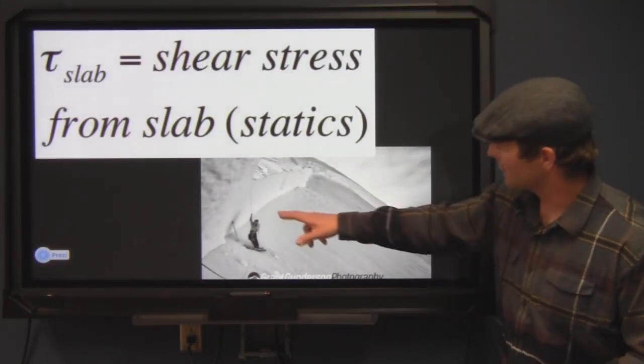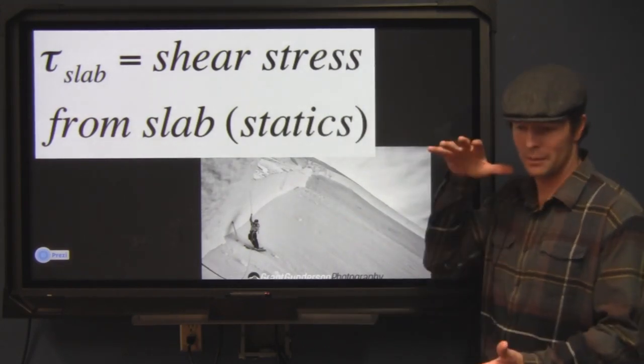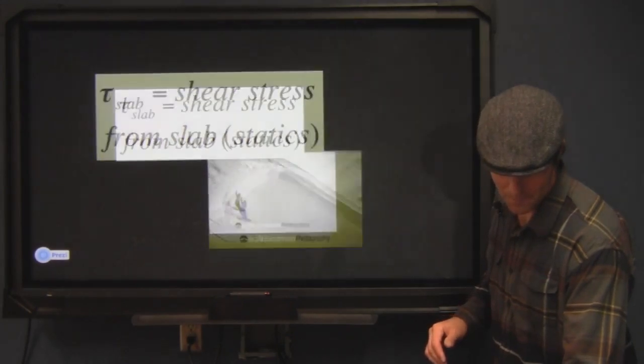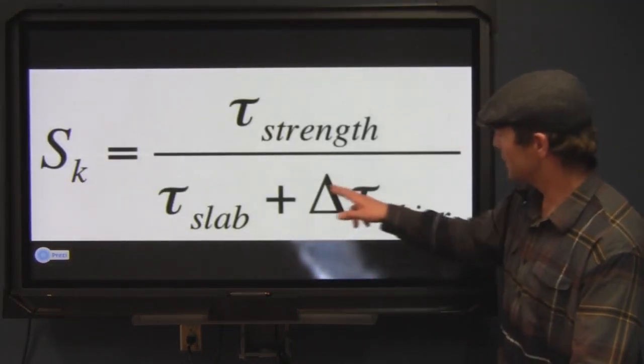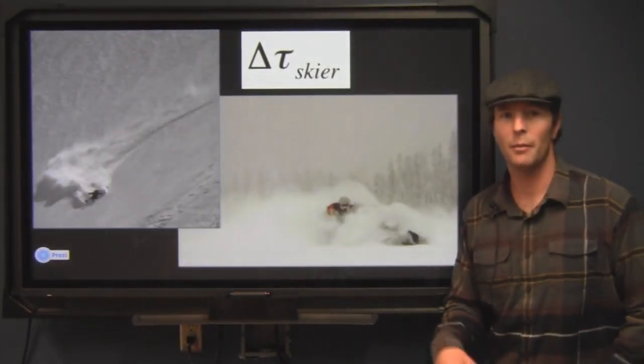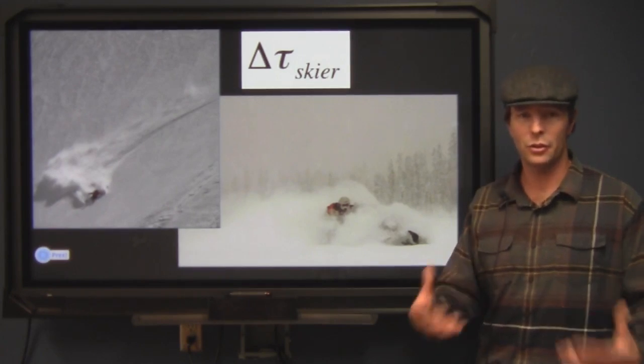It comes from statics: the weight of snow above the weak layer puts stress or force onto that weak layer. And the final term, this triangle, is the shear stress from us. When we go skiing or snowmobiling, we add shear stress to the snowpack.